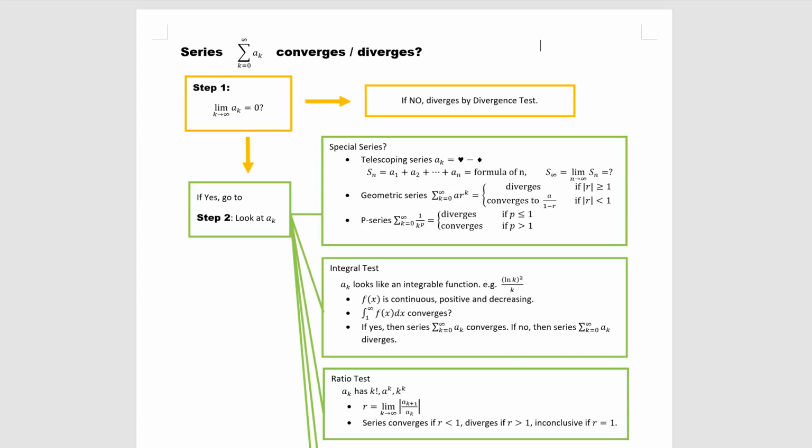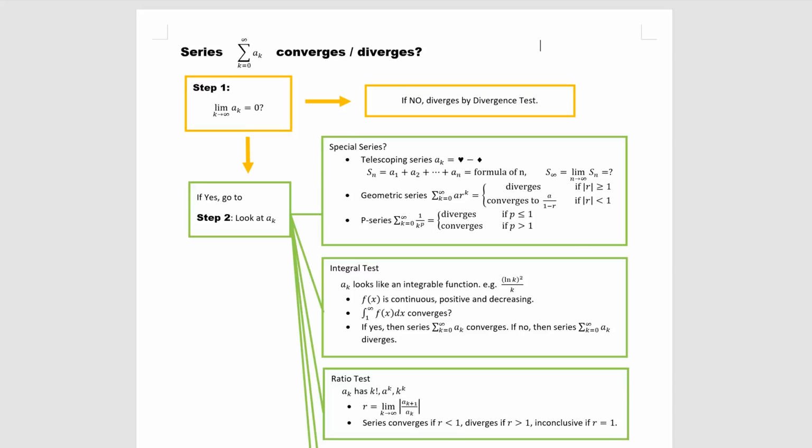Second, the geometric series. Does the series look like the sum of a r to the k? Maybe it does not look exactly like that. Maybe there is a way that you can group all the factors under the k together, and that's our ratio r. Depending on the absolute value of r, if that is greater than or equal to 1, then the series diverges.